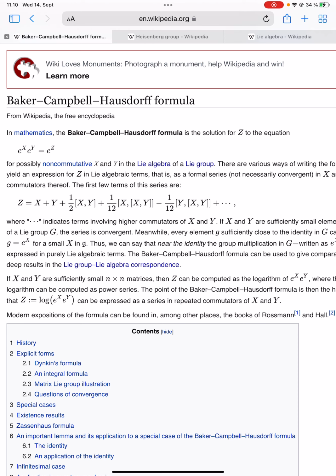So ultimately, you will end up having repeated elements, and we know that the bracket of any vector with itself is 0. So in our case, in fact, anything after this 1/2 bracket X, Y will disappear. So these 1/12 and minus 1/12 and anything after them are all zeros.